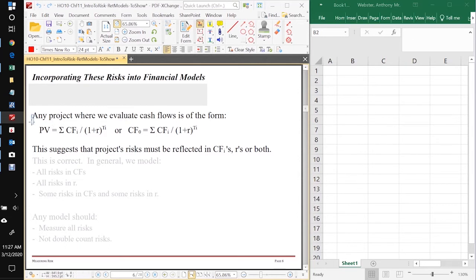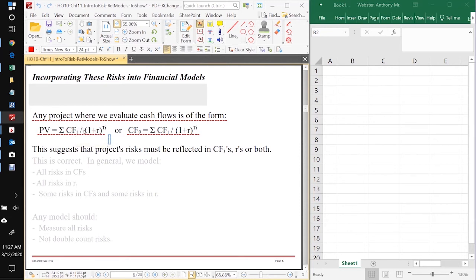And for the rest of the term, any project that we're evaluating, we're going to be evaluating it based on its future cash flows. So we're going to be working in the most general cases with something like the present value of the cash flows is equal to, for each cash flow, first discount it to t equals 0.